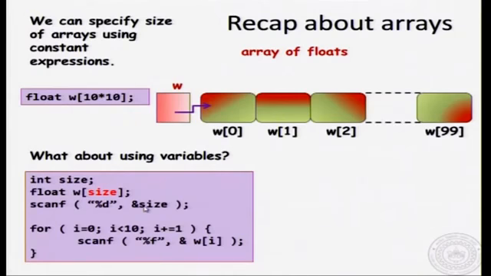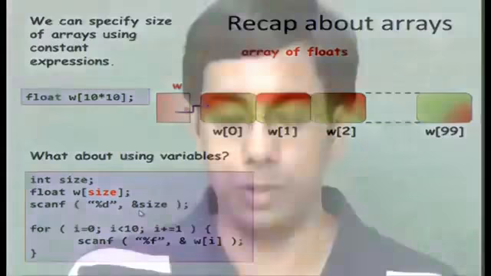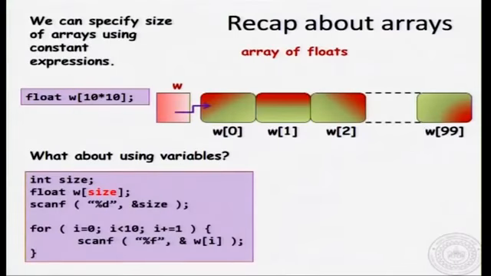So a user enters the size of the array, and then I can enter 10 elements into the array, for example. But here the size of the array itself is a variable which depends on the user input, and we often wish that we would be able to allocate variable size arrays.